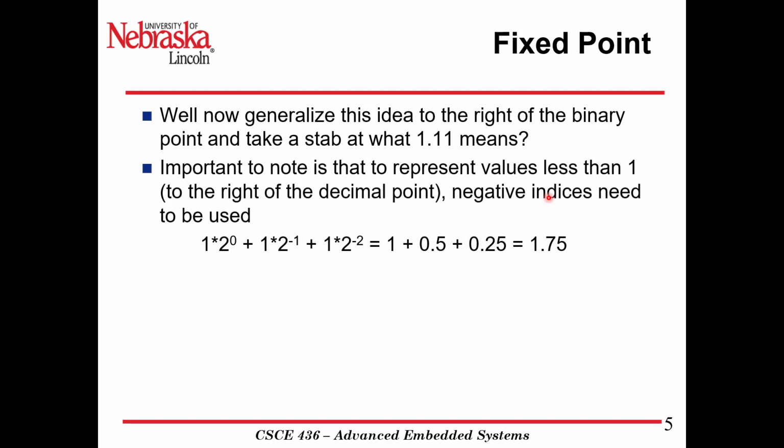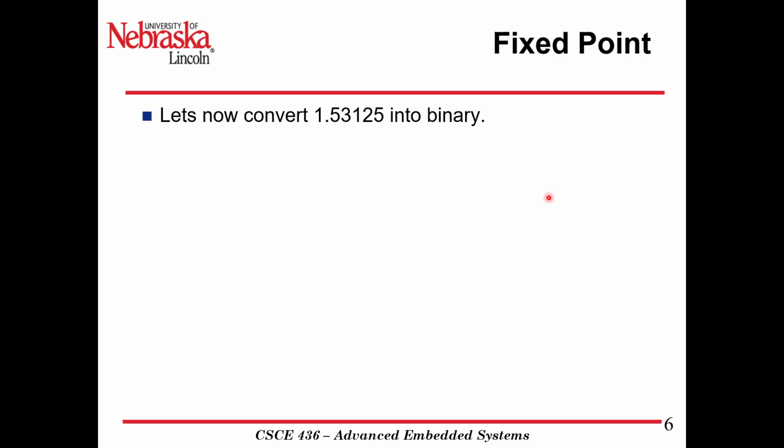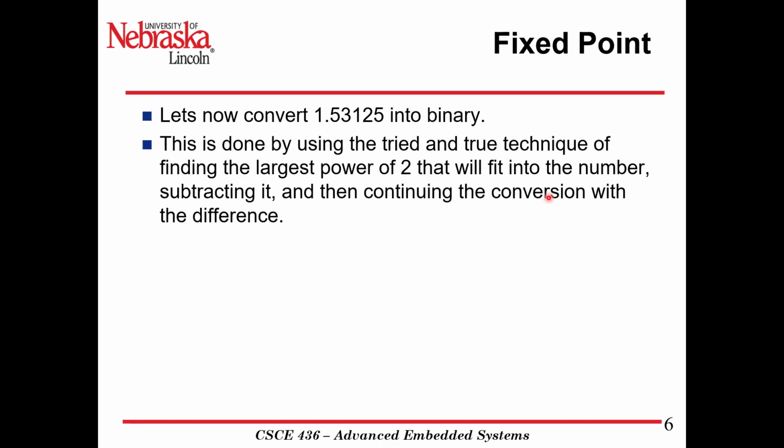But how do we convert, say, a number like 1.53125 into binary? We do it the same way you convert from decimal to binary, basically using our tried and true technique to find the largest power of 2 that will fit into the number, and then subtracting that value, right?